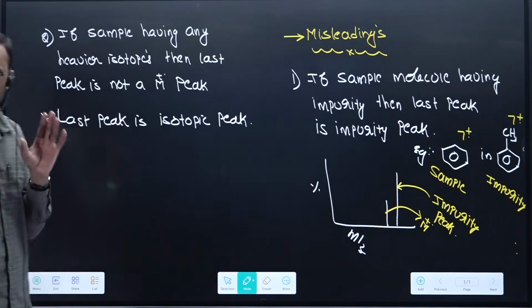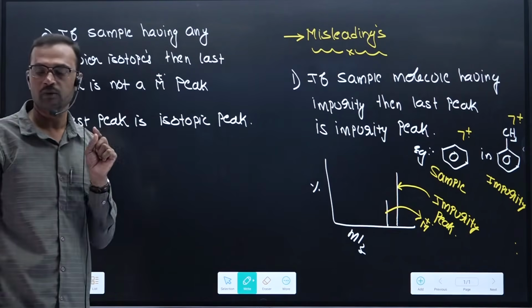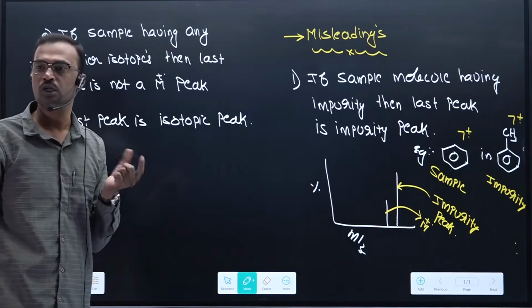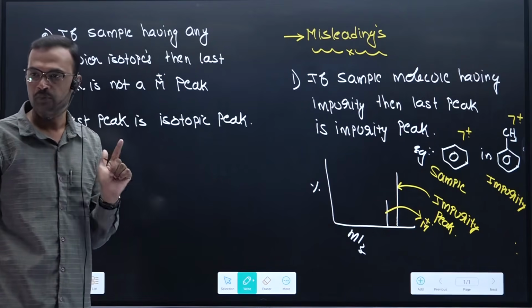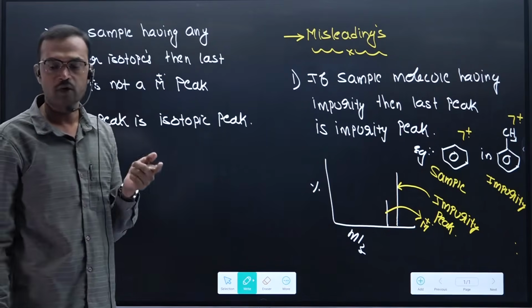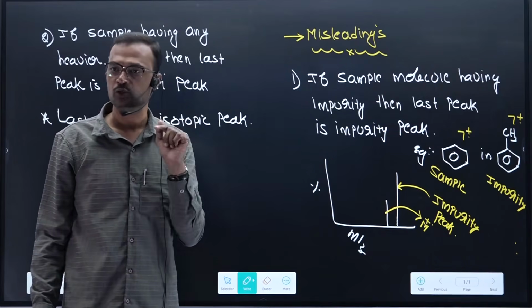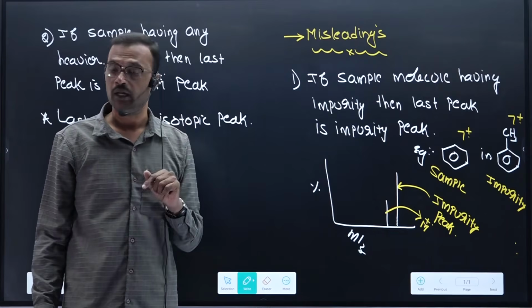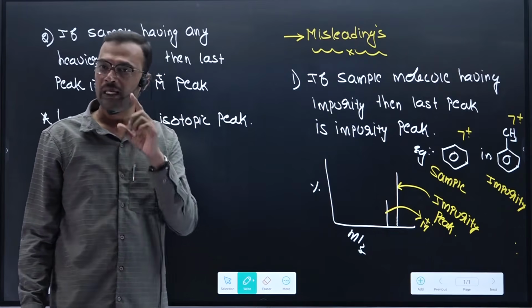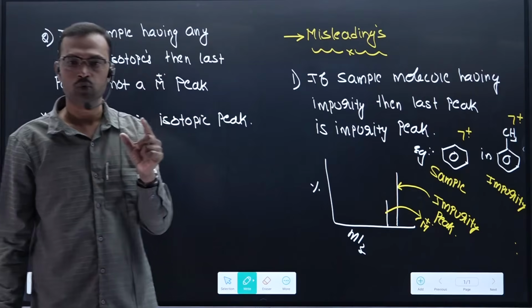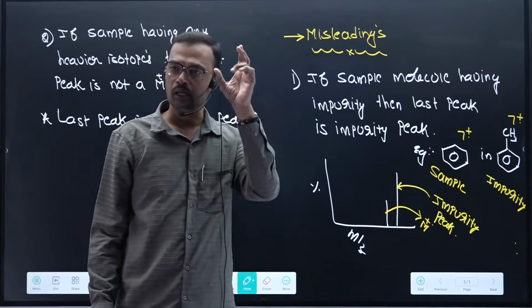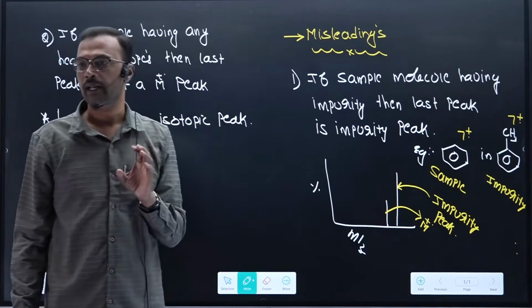For any given molecule, I am calculating the M value. For carbon, what is the lighter isotope? Carbon C12. What is the heavier isotope? C13. Suppose I take oxygen, O16. What about its heavier isotopes? 18, 17, all are available. So while calculating the M value for any molecule, molecular ion or any fragment, always consider the lighter isotope.